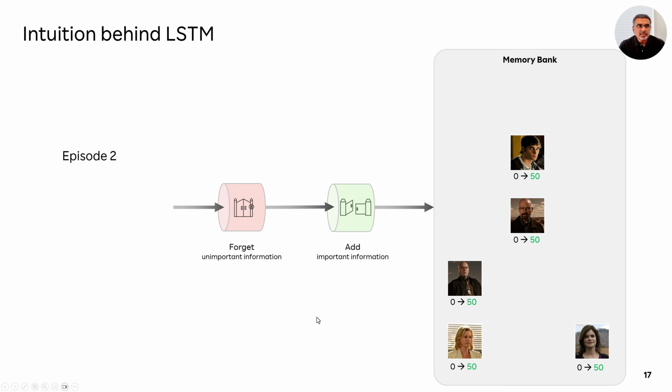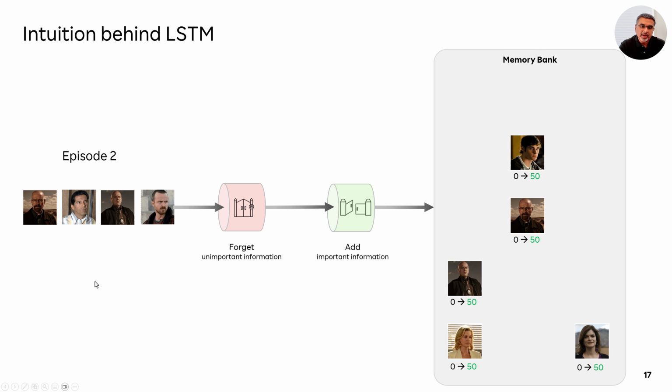Now we move on to the second episode. In the second episode, we have Walter White coming back. We also have Hank coming back, but there are two new characters, Steve Gomez and Jesse Pinkman, who show up in our series. And the prior characters like Skylar White, Marie, or Walter Jr. do not appear in the second episode.